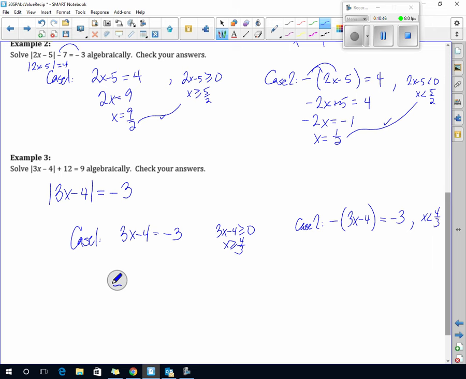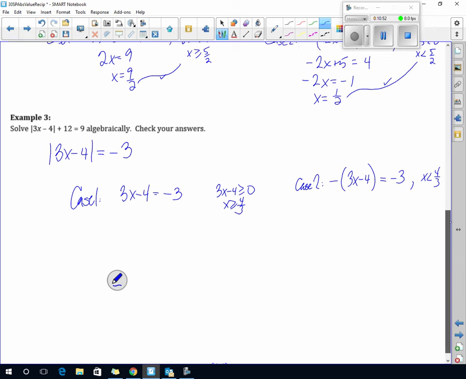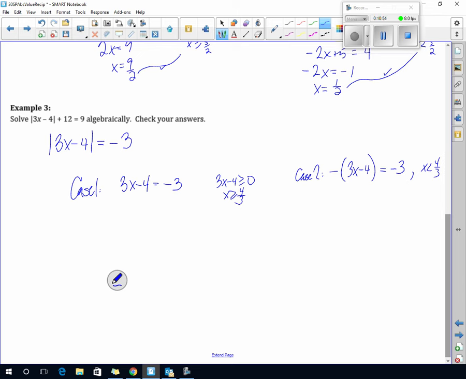Okay, so if I move this over, I get 3x equals 1, and x is equal to 1 over 3. Is that true? No. So what am I going to do now? Reject. Don't scribble. Reject. Okay, what am I going to do over here? Negative 3x plus 4 equals negative 3.